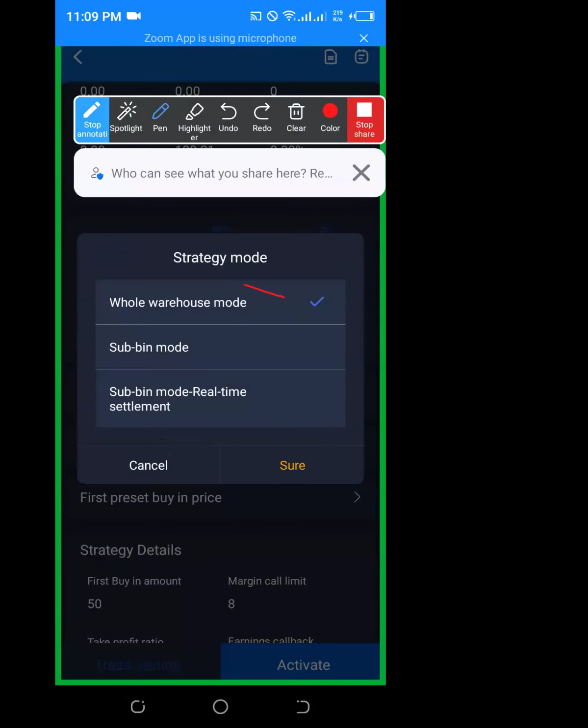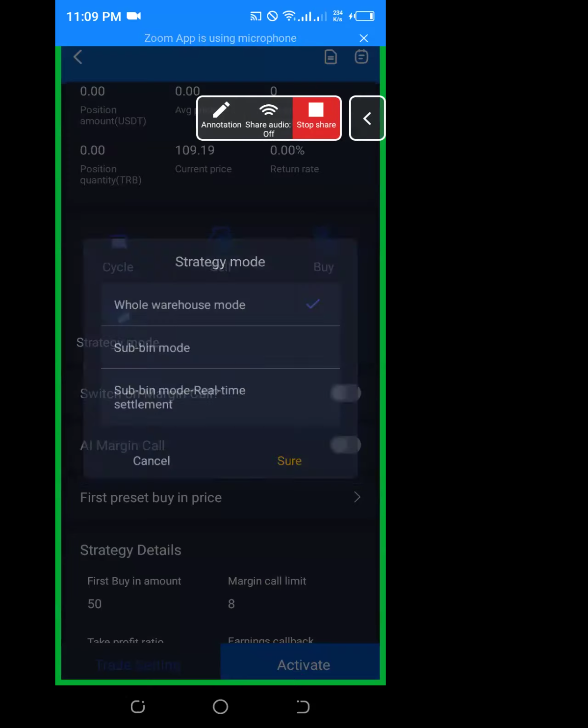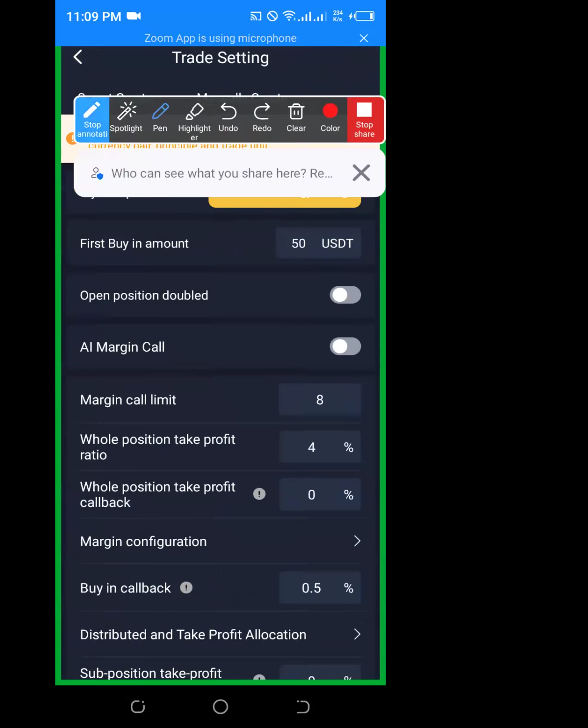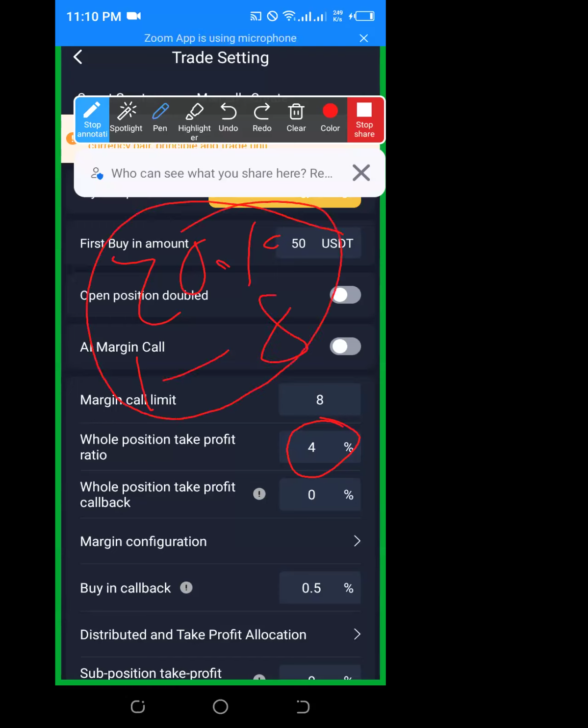We have 3 strategy modes. There is whole warehouse mode, sub-in mode, and sub-in mode real-time settlement. When you set the robot in the whole warehouse mode, you are telling the robot to buy and sell everything and give me 4%. It means that 20% of your capital and the amount of money that will be invested from the first call to the 8th call, the whole of this, the robot will give you 4%.